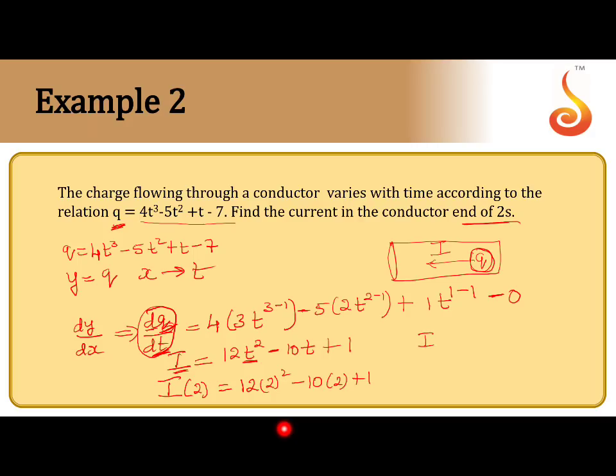So I at the end of 2 seconds will be, 2 square is 4, 12 into 4 will be 48, minus 20 plus 1. This will be 29 ampere. I hope this gave you a clear idea why we are using the concept of differentiation.